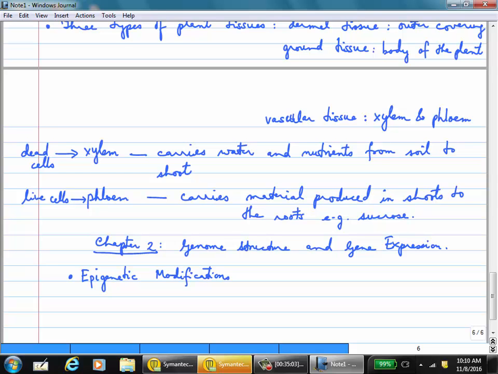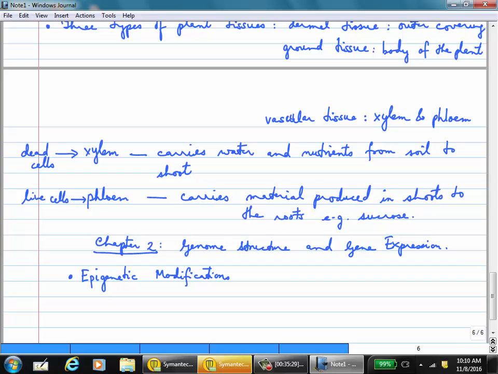But even when the DNA looks the same, the sequence looks the same, the activity of the gene may be different, because if in some of the locations, let's say an A has got a methyl group on it, or an acetyl group, that could alter the activity of the genome, even though the DNA sequence is identical to whatever you had before. And these are called epigenetic modifications.